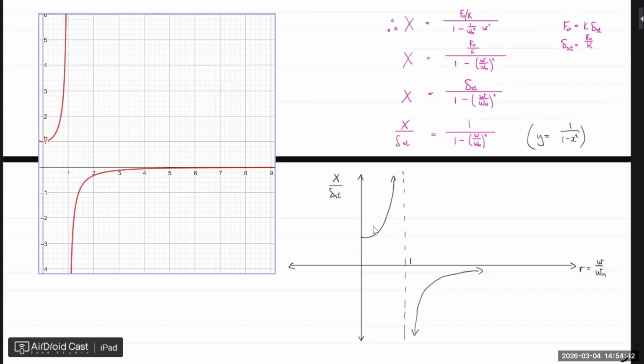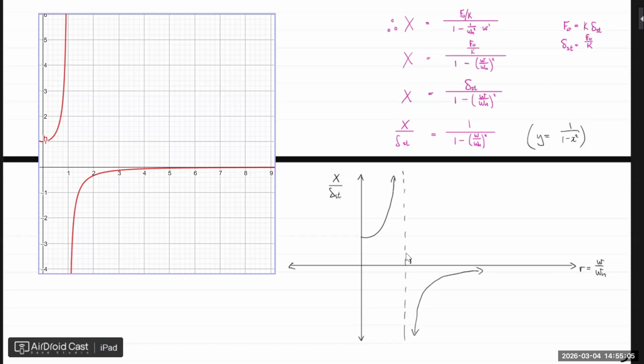Everything is positive. And so it's just the displacement that's positive, which means the force and the displacement are in the same direction. But the moment it's greater than 1, it's then negative, which means they are in the opposite direction. So then perhaps their phases are out.